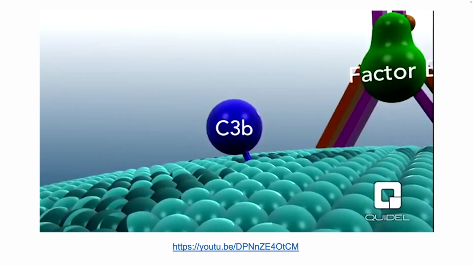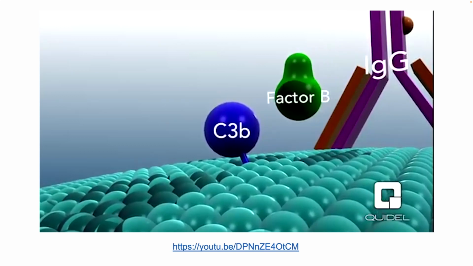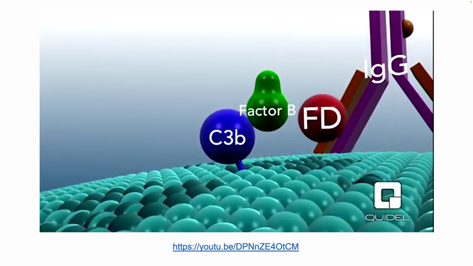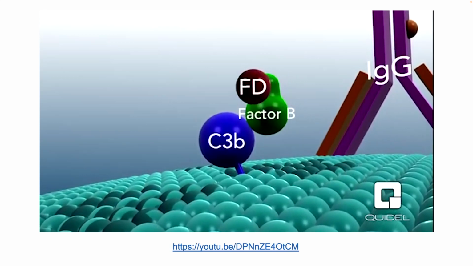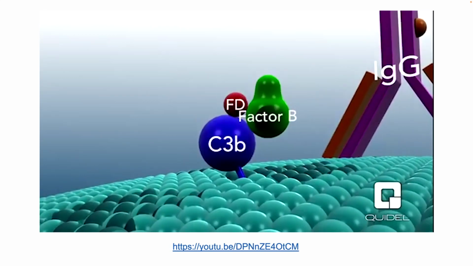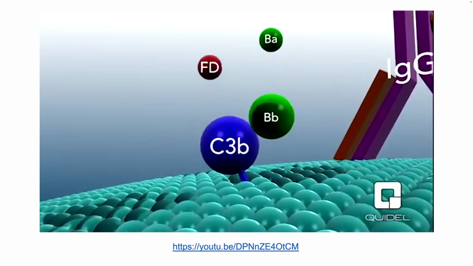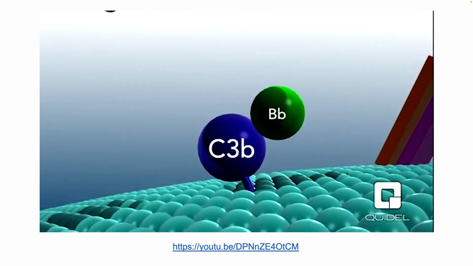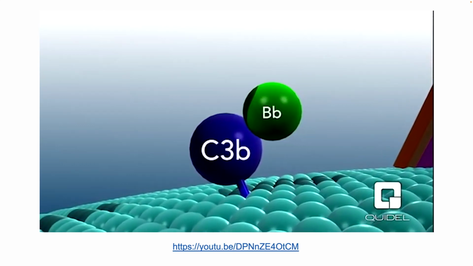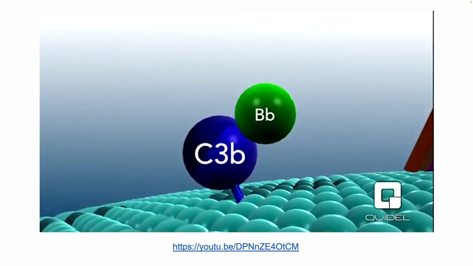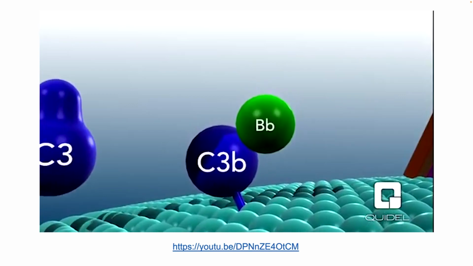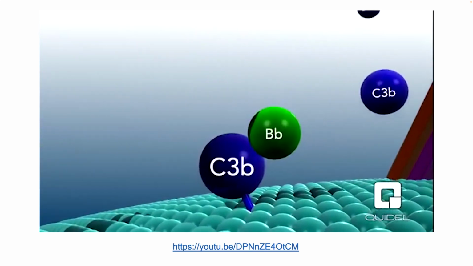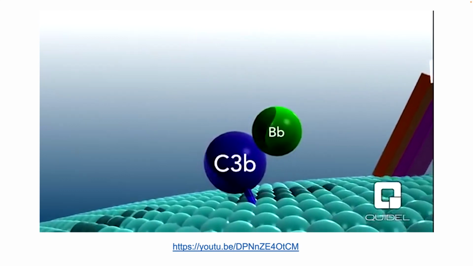However, C3b, on interacting with an activating surface, such as a bacterial cell, will bind factor B, which will be cleaved by factor D, resulting in the formation of the alternative pathway C3 convertase, C3bBb. The C3 convertase of the alternative pathway cleaves C3 to C3a and C3b.